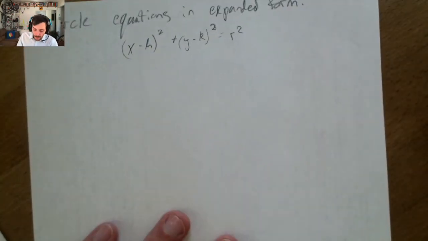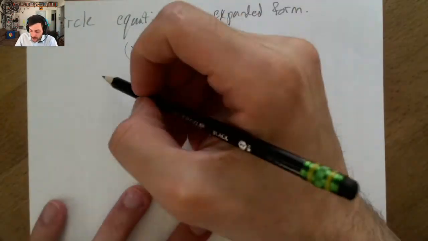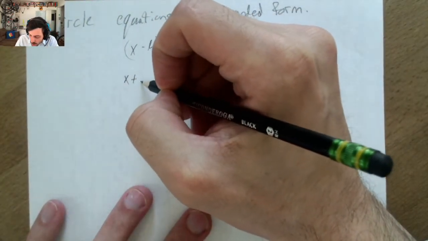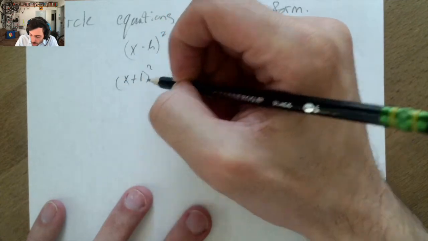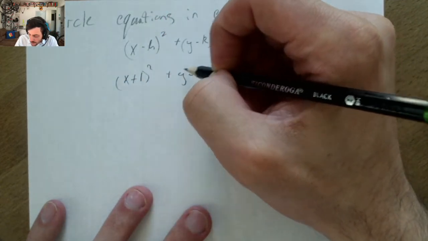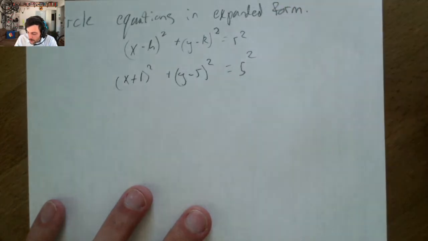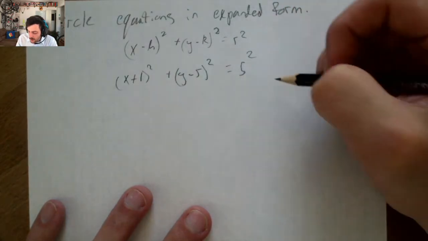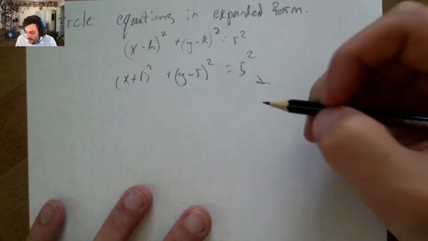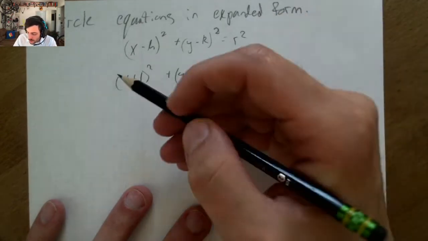So the example that we're going to use right now is going to be the equation x plus 1 squared plus y minus 5 squared equal to 5 squared. If we break this down, 5 squared is going to be 25.